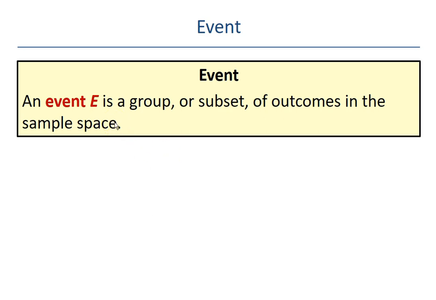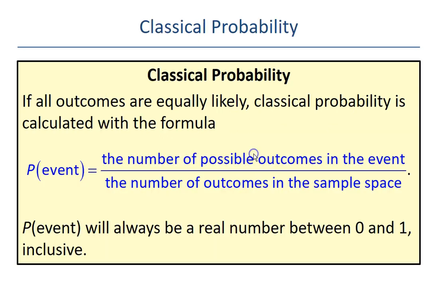So, we're going to start to develop a mathematical formula. An event E is the group or subset of outcomes. This is your desired results of the sample space.